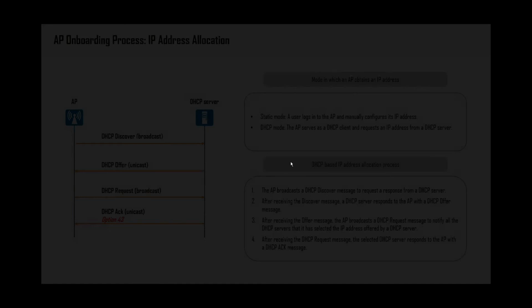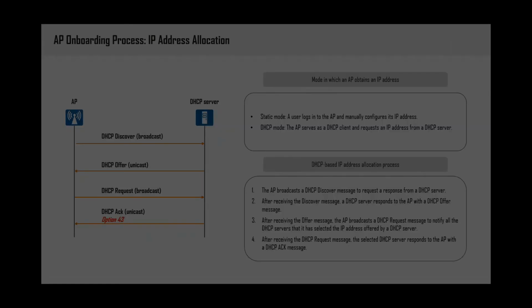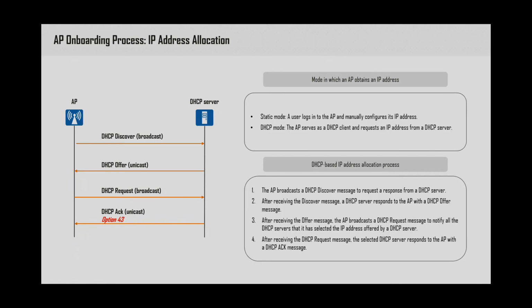So in order to do the IP address allocation, we have two methods. The first is static mode, where a user logs into the AP and manually configures its IP address. It is very simple, but when you have a large number of APs to be configured, you'd better use DHCP mode.